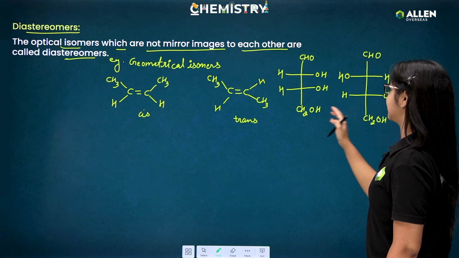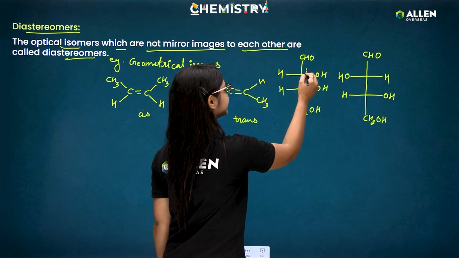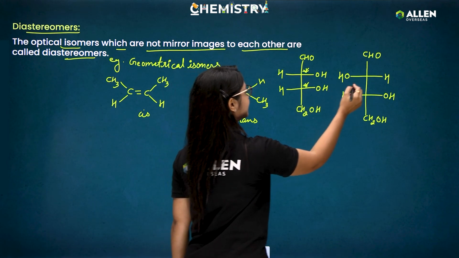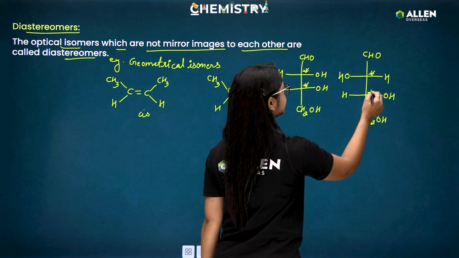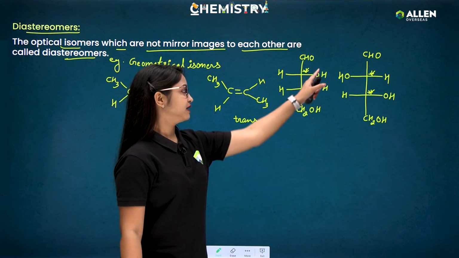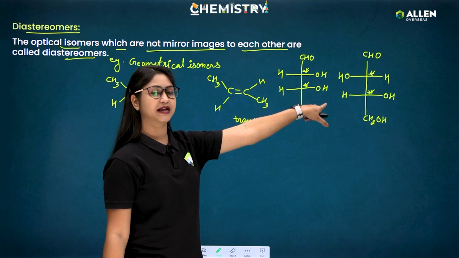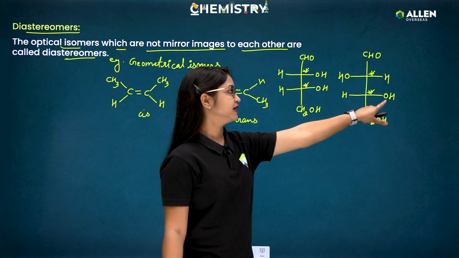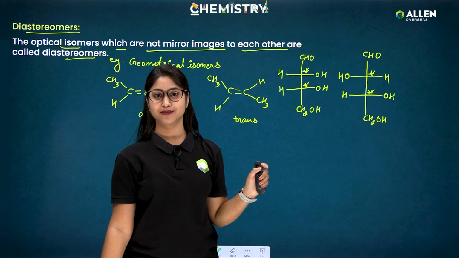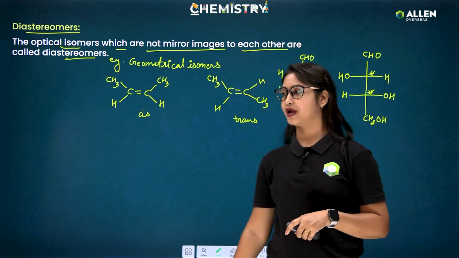Now, if you compare these two compounds, they are having chiral carbons 1 and 2. In this one also they are having chiral carbons. But if you compare these two, you can see that they are not mirror images of each other, because here the two OH groups are at the same side, whereas here they are opposite. So they are not mirror images of each other. That's why we can call them as diastereomers, right?